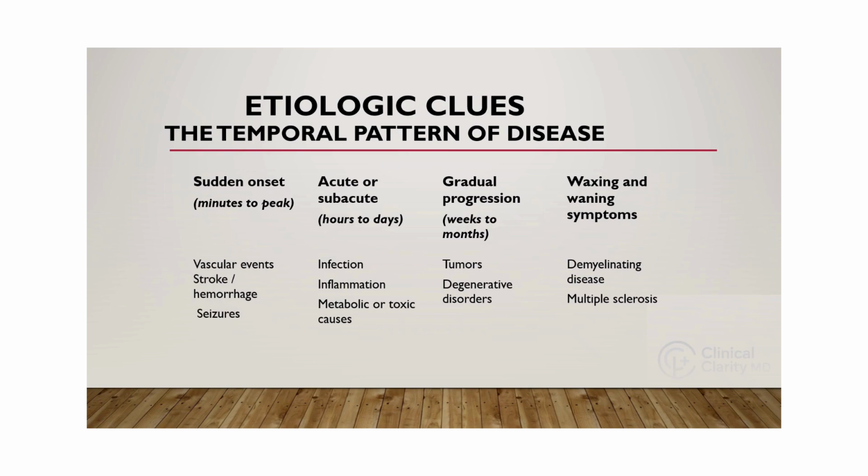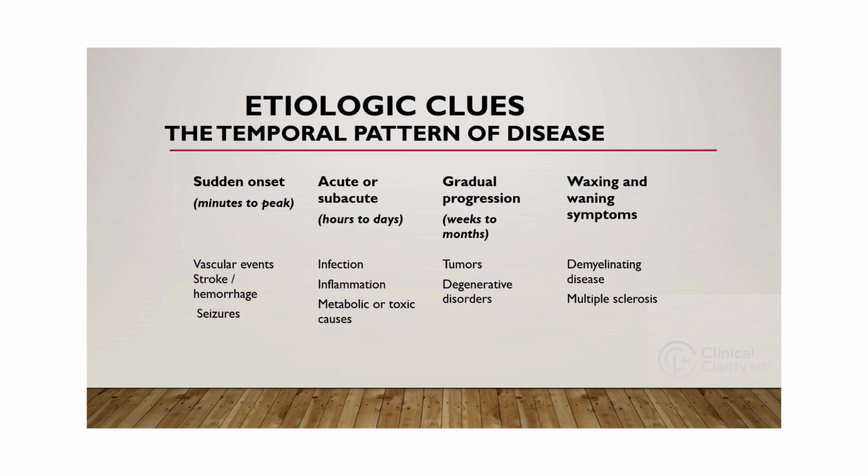Certain paroxysmal conditions like seizures can also present abruptly. When symptoms evolve over hours to days, we begin thinking about inflammatory, infectious, metabolic, or toxic causes. In contrast, symptoms that gradually progress over weeks or months are more typical of tumors or degenerative neurological disorders.